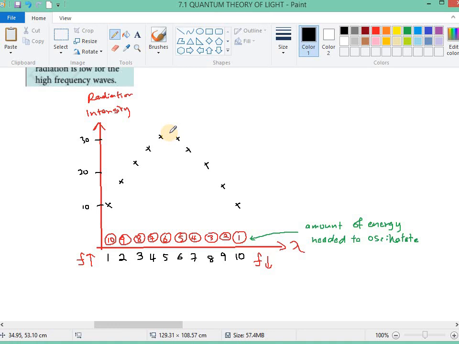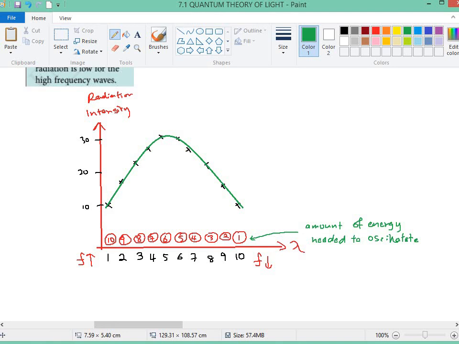Particles that can oscillate at a very low frequency are also limited. You see the shape of the graph is like a bell shape, right or not? It's like a bell shape.